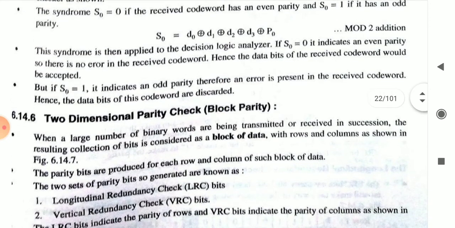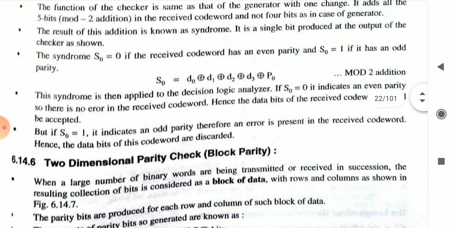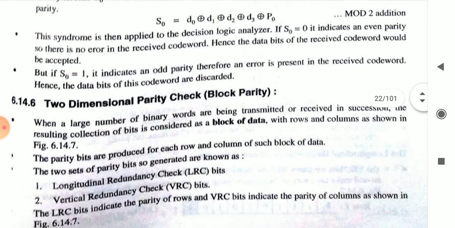The syndrome S0 is equal to 0 if the received code word has an even parity and S0 is equal to 1 if it is an odd parity, that is S0 is equal to D0 plus D1 plus D2 plus D3 up to P0. This syndrome is then applied to the decision logic analyzer.